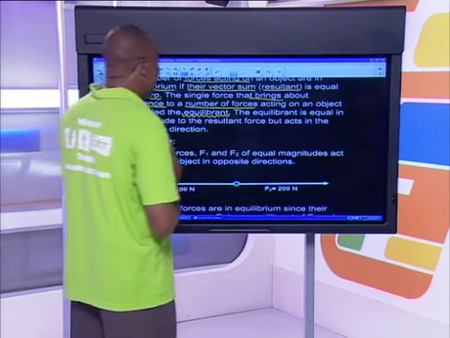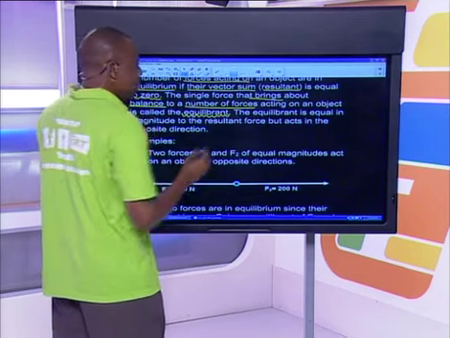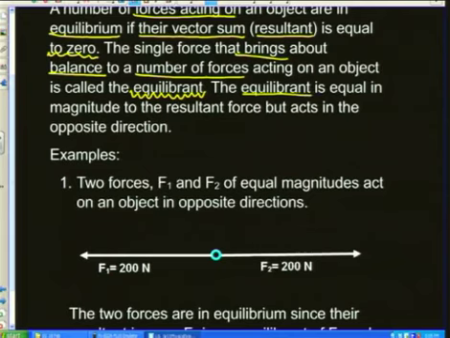We call that an equilibrant. And this equilibrant is equal in magnitude to the resultant force. But this equilibrant will always act in the opposite direction to the resultant force. Okay, so that's what you need to know.